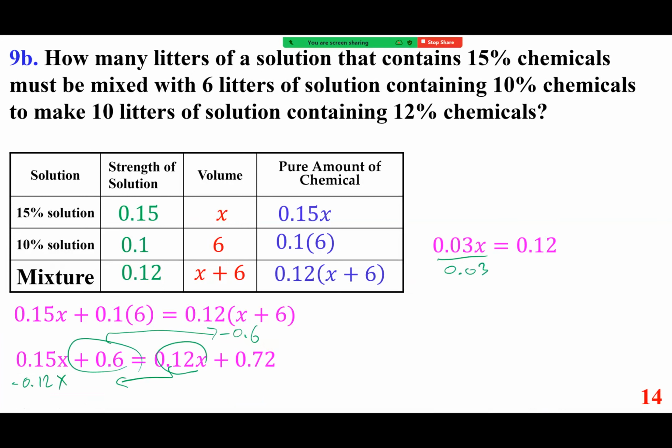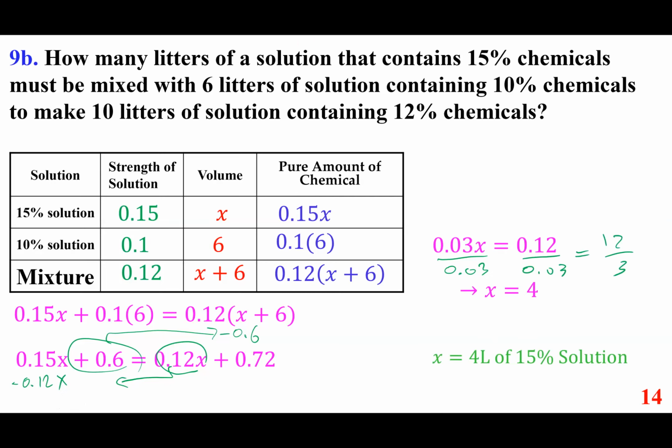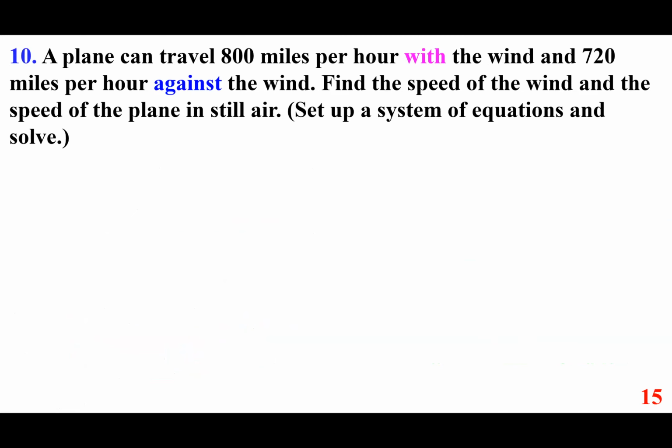We divide by 0.03, which is the same as 12 over 3, or x is 4. So we need 4 liters of 15% solution to take care of the business. So how many liters? 4 liters.